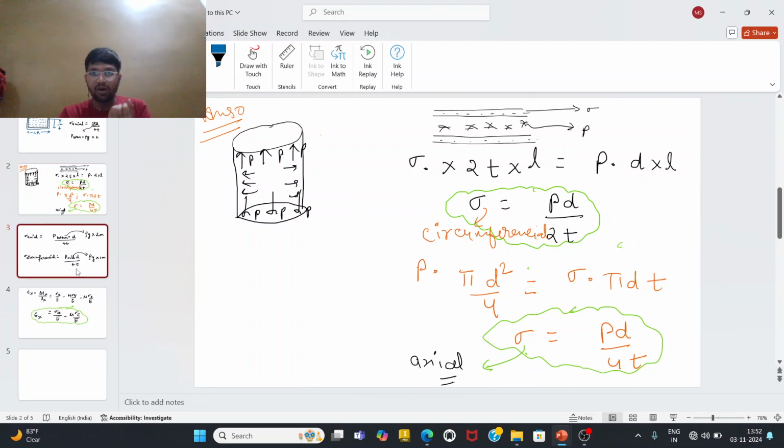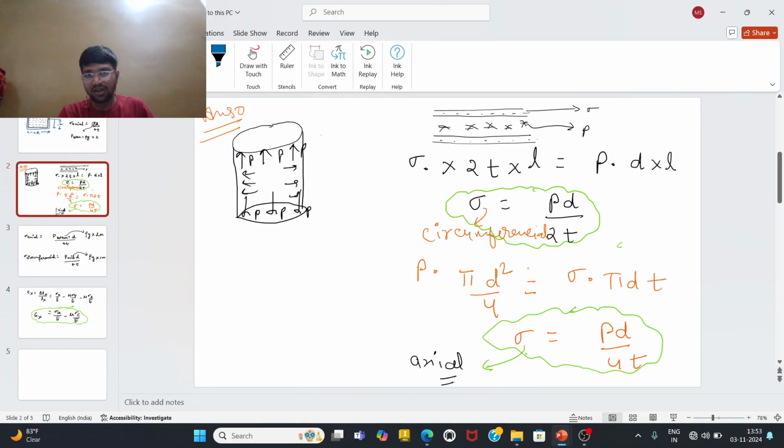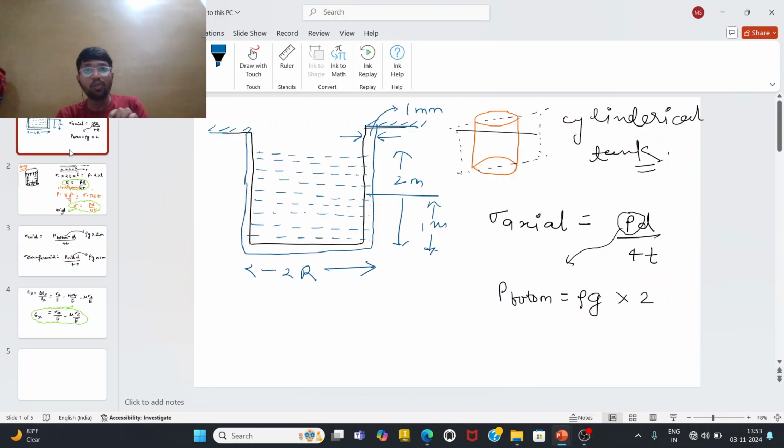Now we get these two stresses, PD by 4t and PD by 2t. There is a little mistake here; it should be PD by 2t, so you can correct it. That is the basic concept, but in an actual problem the pressure is varying, because the cylinder is filled with water.